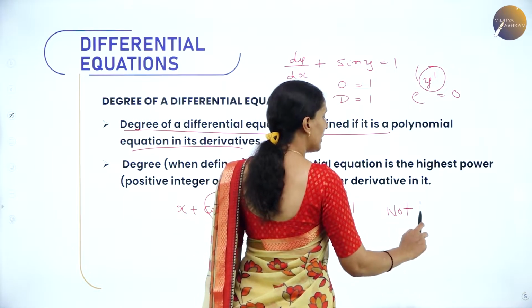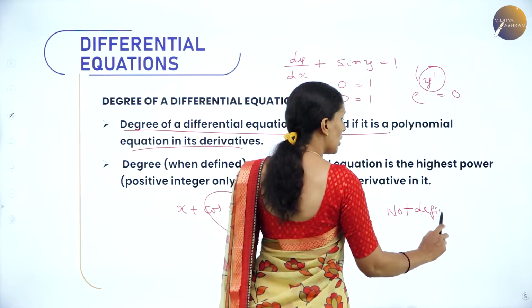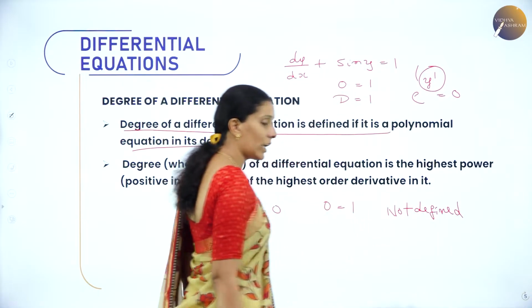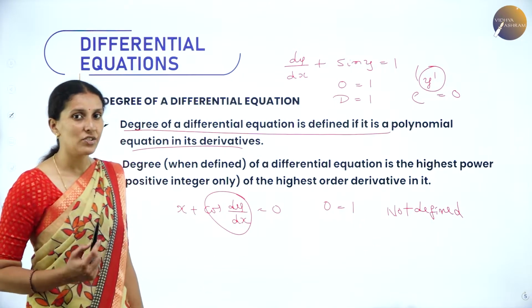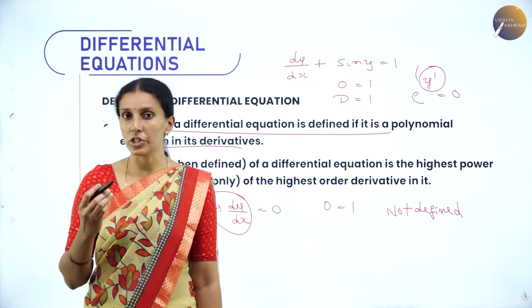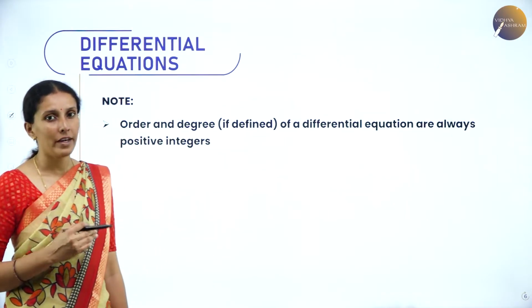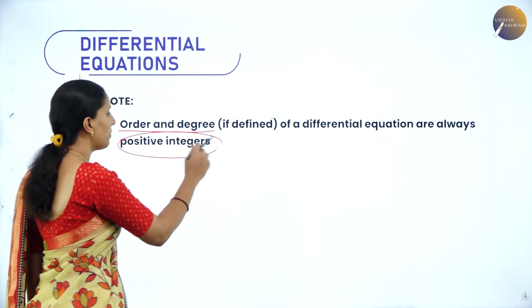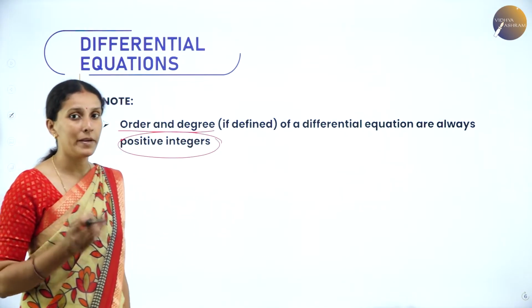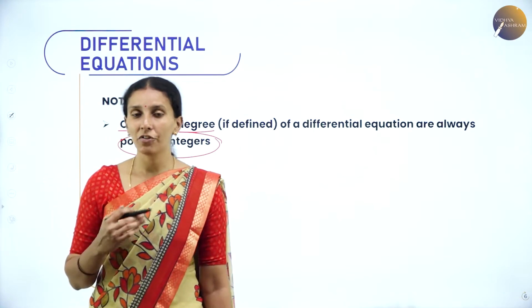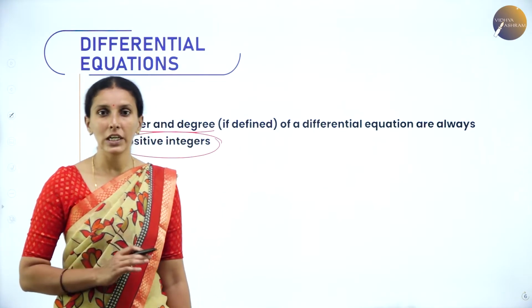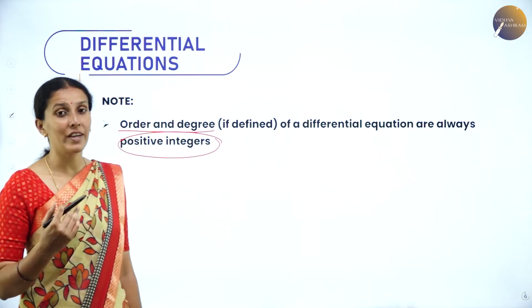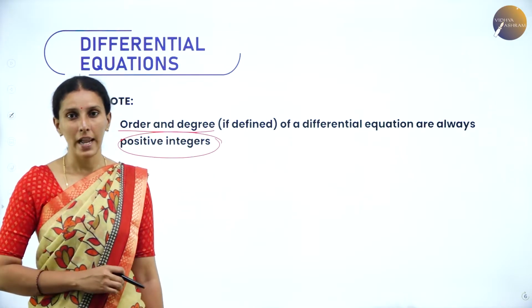Whenever this type of differential equation exists, the degree cannot be defined, and hence we write the degree of the differential equation is not defined. And always note that the order and degree of the equation is always a positive integer. It cannot be 0, it cannot be negative or any fraction. It is clearly a positive integer, or we can say a natural number.